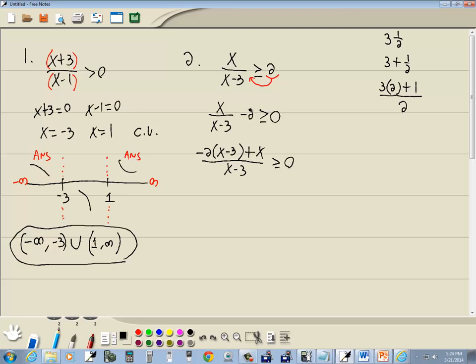So again, took the number out to the side, multiplied times the denominator, and added what's on top. Well, negative 2 times x is negative 2x, and negative 2 times negative 3 is a positive 6, plus x over x minus 3, greater than or equal to 0. Negative 2x plus x is negative x, so negative x plus 6 over x minus 3, greater than or equal to 0.